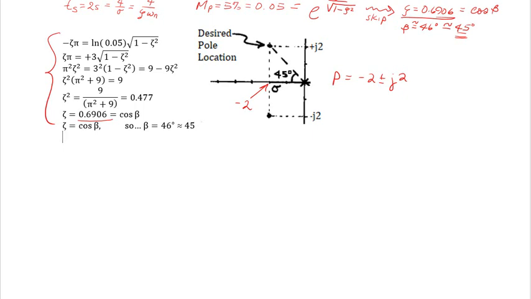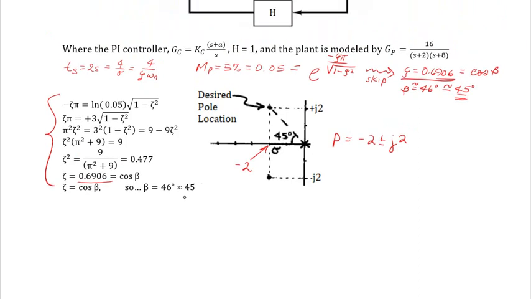So we're going to follow the same practice that we did before, and what we see is that for this system, first we're going to write the KGH, and that's going to be equal to G sub C, so K_C times (s plus a) over s, times G_P.